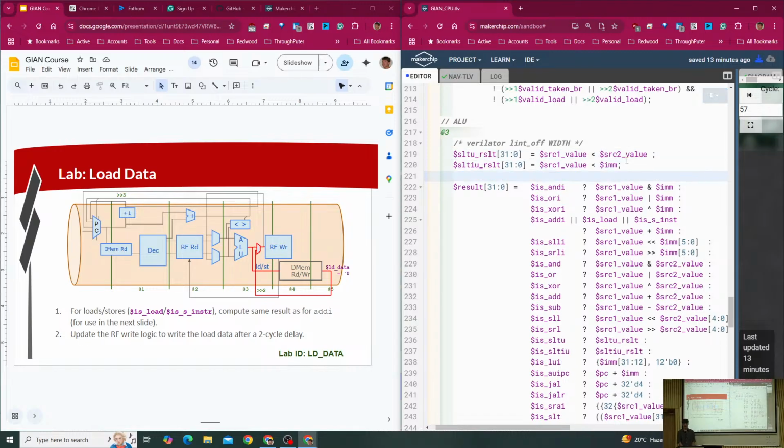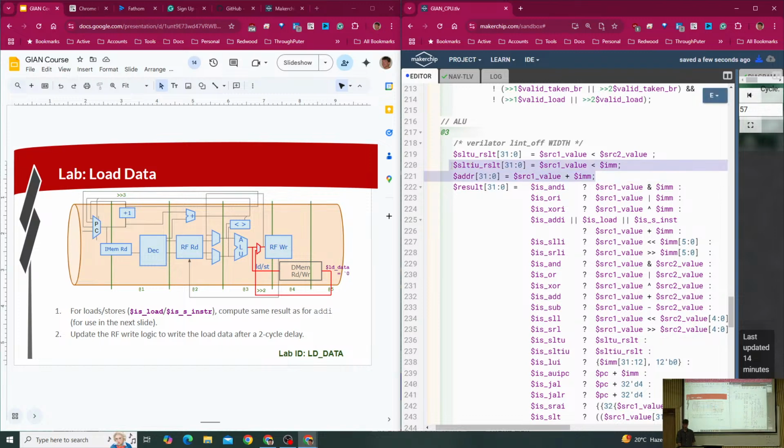Another way that we could implement this logic for loads and stores, right? We want to compute the address for a load or a store. The computation that we want to do to get the address is the source 1 register value plus the immediate offset, right?